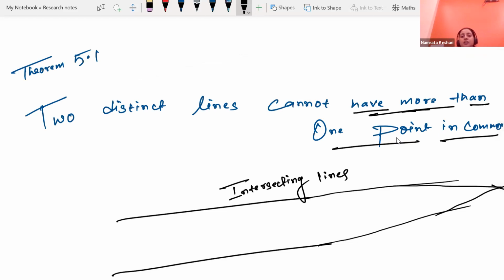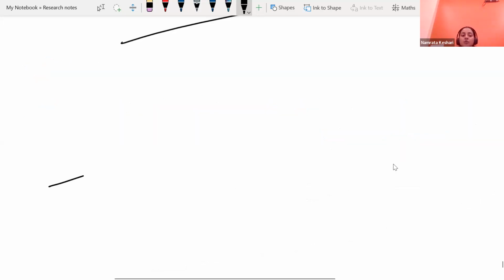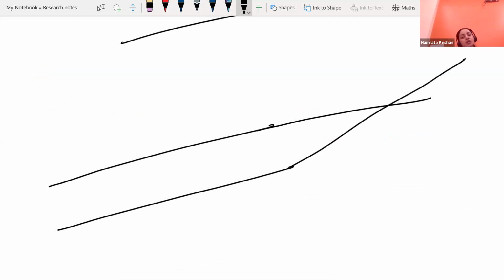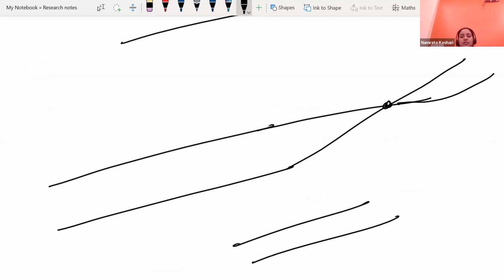It cannot have more than 1 point in common. That means maximum 1 point of intersection is there. Why? Because when you draw two lines, chances are both will intersect each other somewhere at one point, or both will never ever intersect each other. If you are thinking that both will again intersect each other, no, that will never happen, because that is a curve, this is not a line.